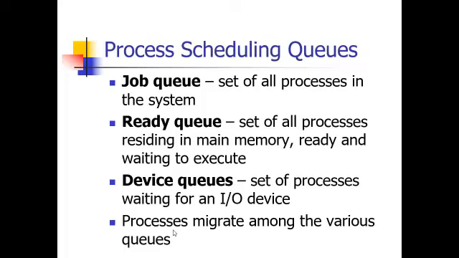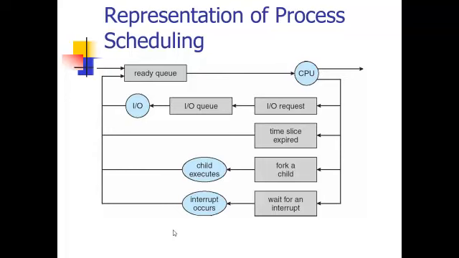So when we consider the ready queue, that is the short-term scheduler, the ready queue will be directly available for the CPU, because from the ready queue we select the next process for execution.